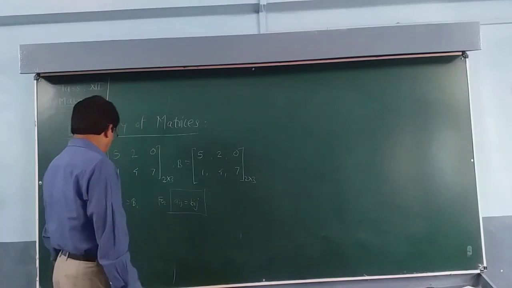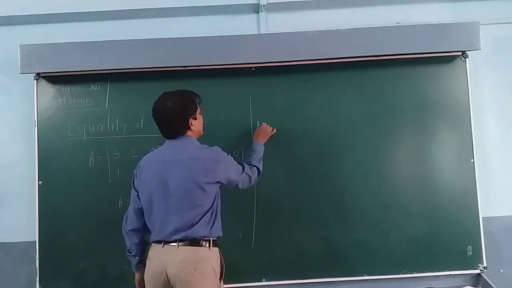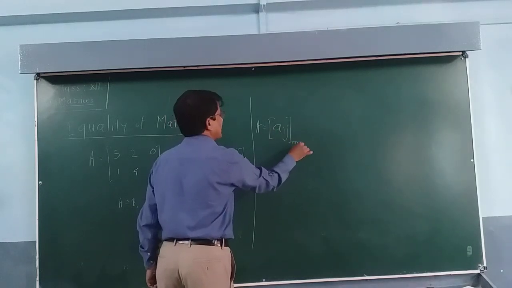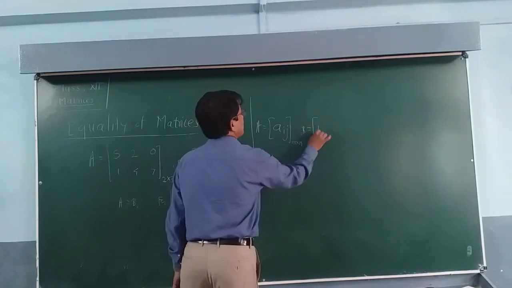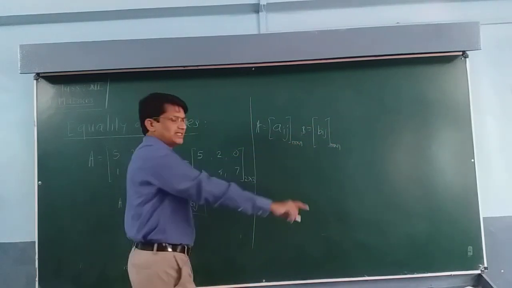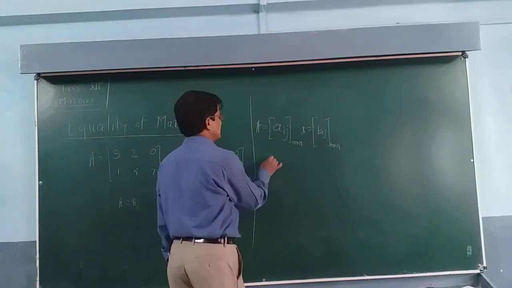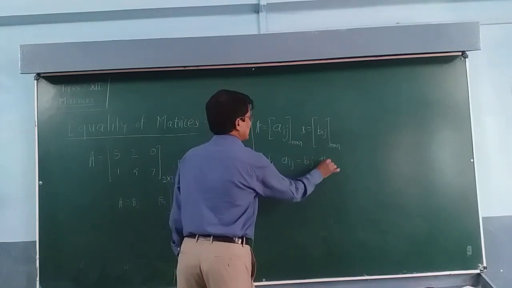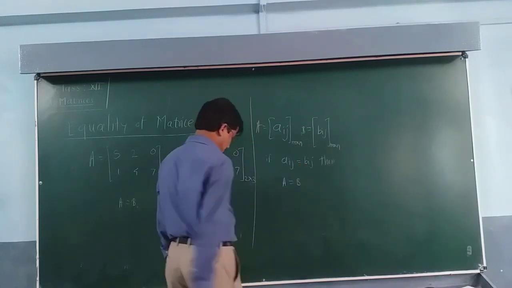So a general definition: suppose A equals the matrix Aij having order m by n, and B equals Bij, order m by n. These matrices are said to be equal if Aij equals Bij, then we can say matrix A equals matrix B.